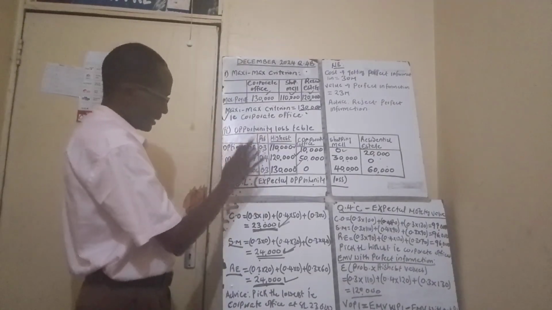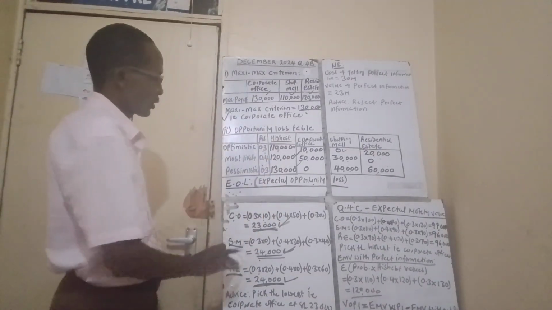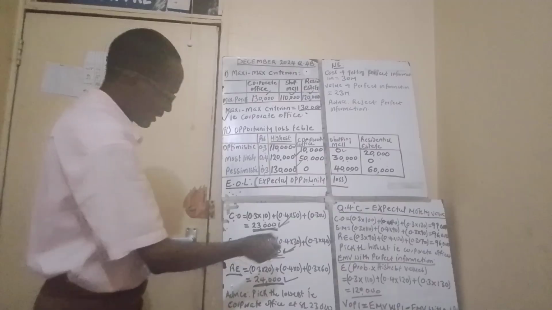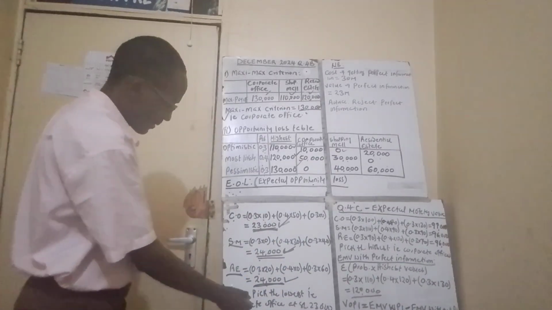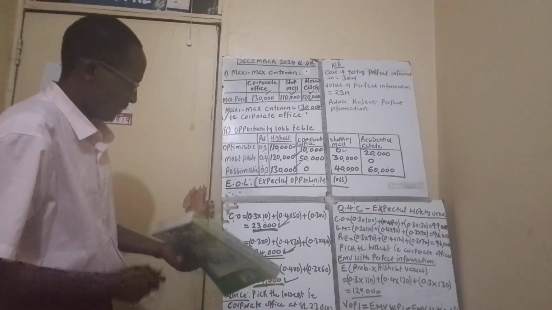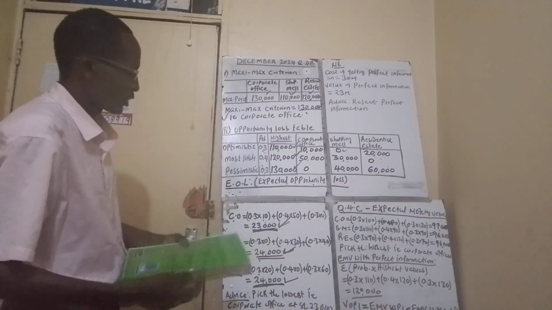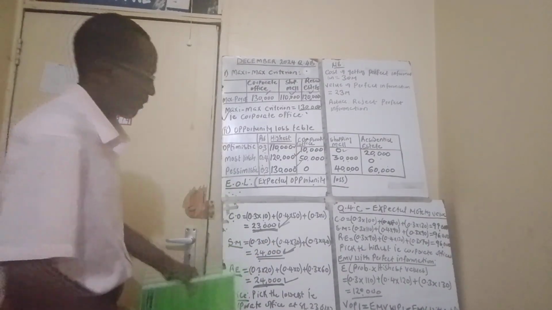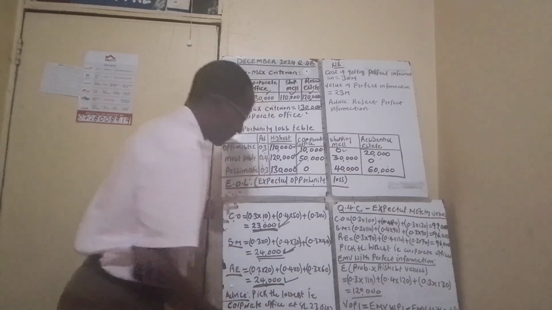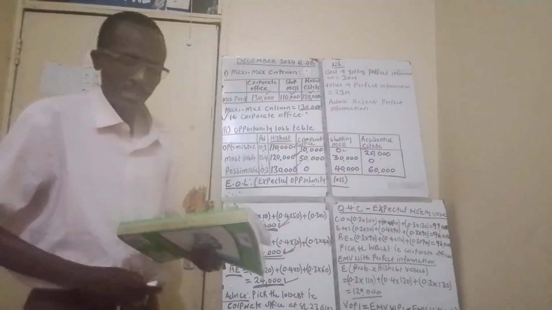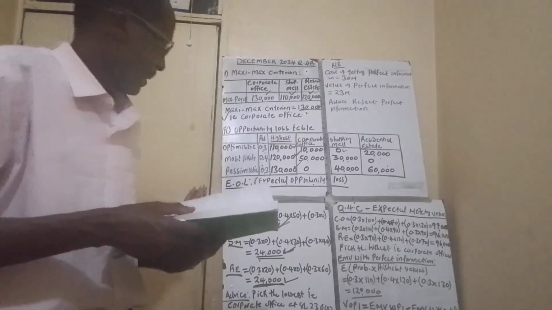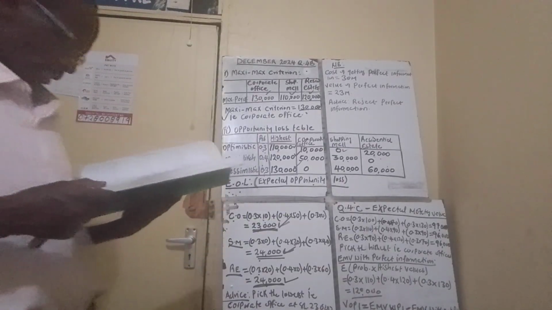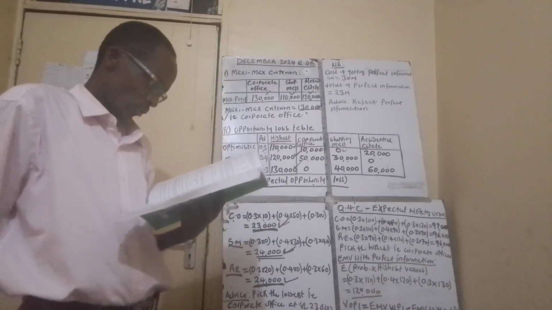So the lowest is 23 million, i.e. corporate office at shillings 23 million. We have answered that. I think that is what they wanted for question 4b.